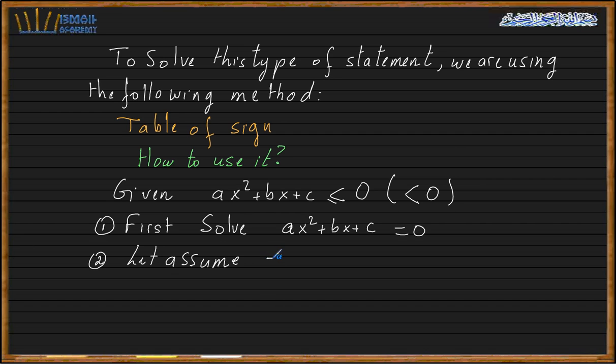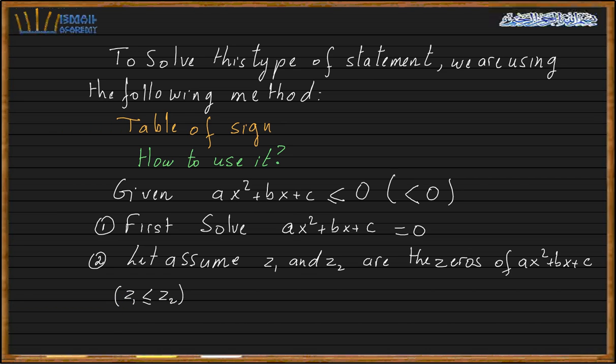For example, z1 and z2 are the zeros of ax squared plus bx plus c. Let's assume that z1 is less than or equal to z2. Either they are distinct or they are equal, and for both cases it works the same way.